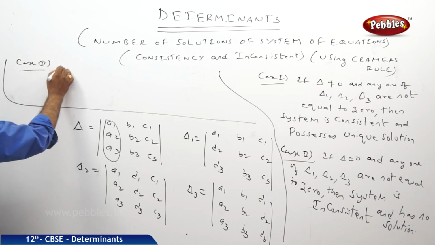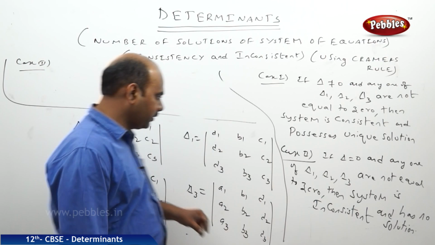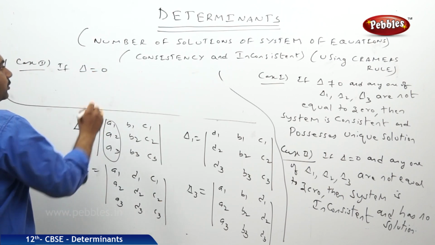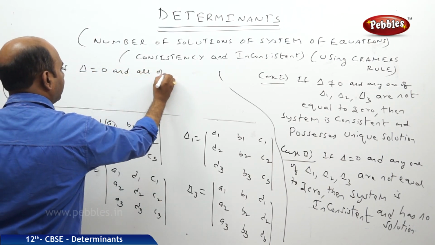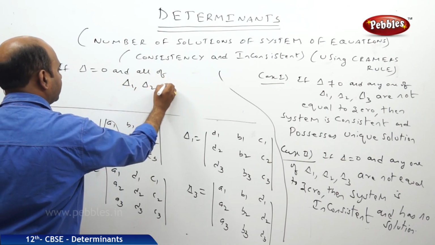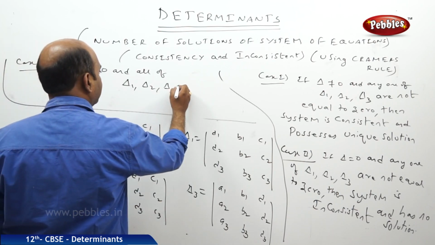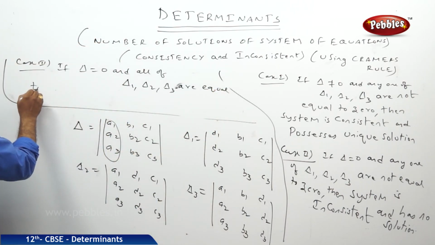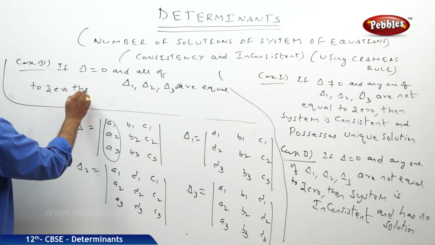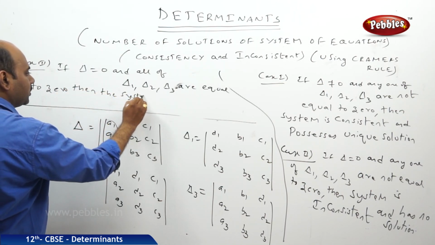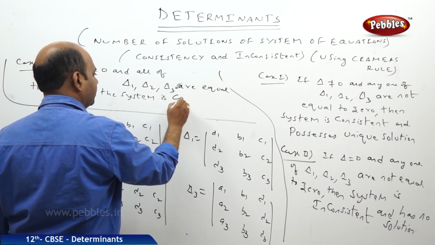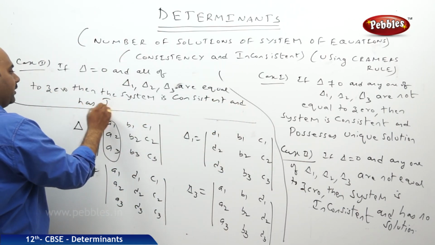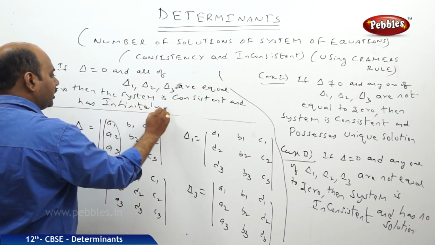Case 3 says: if delta equal to 0 and all of delta 1, delta 2, delta 3 are equal to 0, then the system is consistent and has infinitely many solutions.